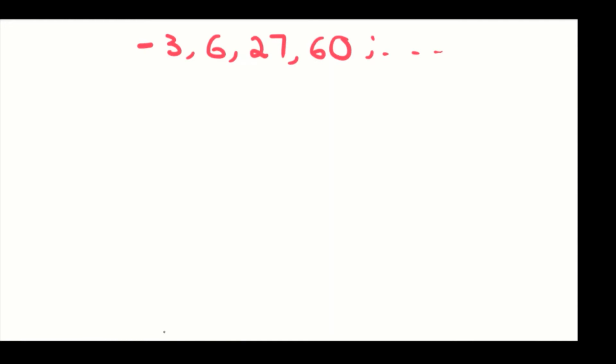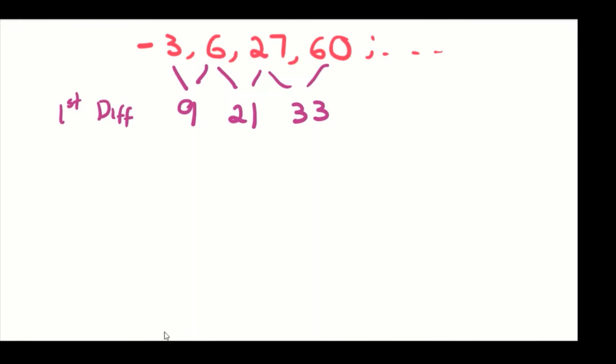And so the first thing you're going to do is find the difference of this. So this is the first difference, so it's going to be 9, 21, and 33. And then we find the second difference, which will give you 12.